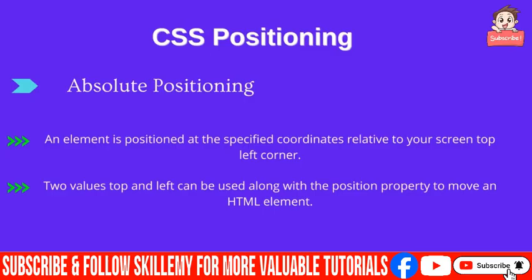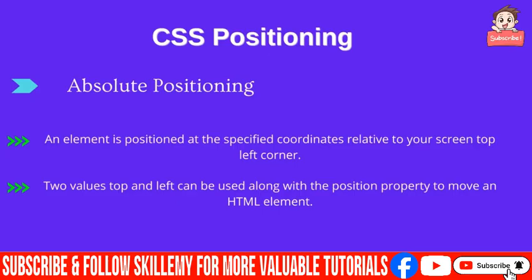On the basis of the coordinates you pass, the particular element will be placed at that location. As mentioned, the element is positioned at the specific coordinates relative to your screen's top left corner.